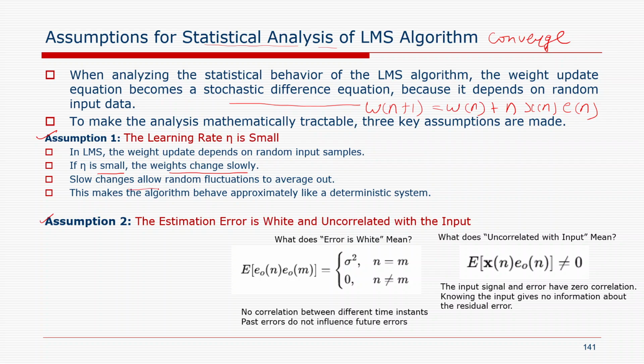Slow changes in the weights allow the random fluctuations to average out. This makes the algorithm behave approximately like a deterministic system. That is, even if we start with a stochastic nature, the system will finally behave like a deterministic one. The first assumption is that the learning rate should be very small.